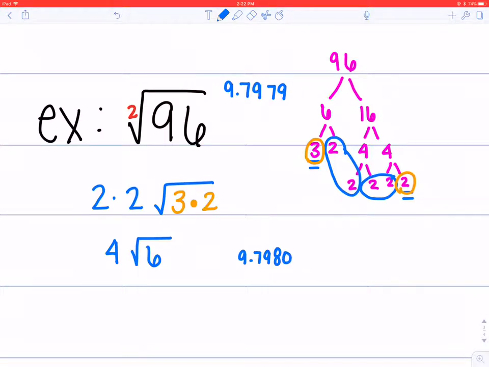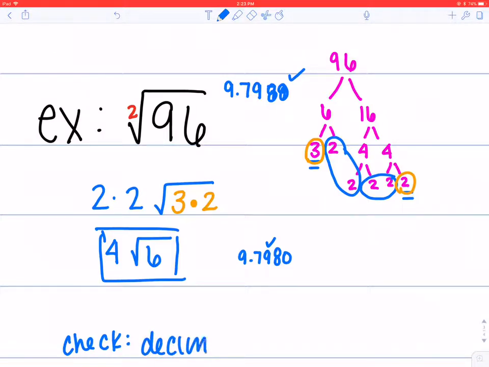Actually, it should have rounded up to 80, but my decimals are right. So that means I know that this is the same thing as the square root of 96. So how you check that is with the decimals in the calculator. And the decimals are just to check. I don't want decimals in this section.